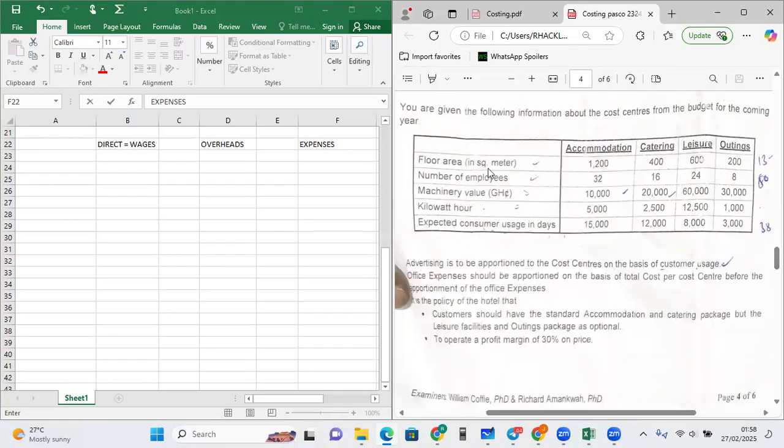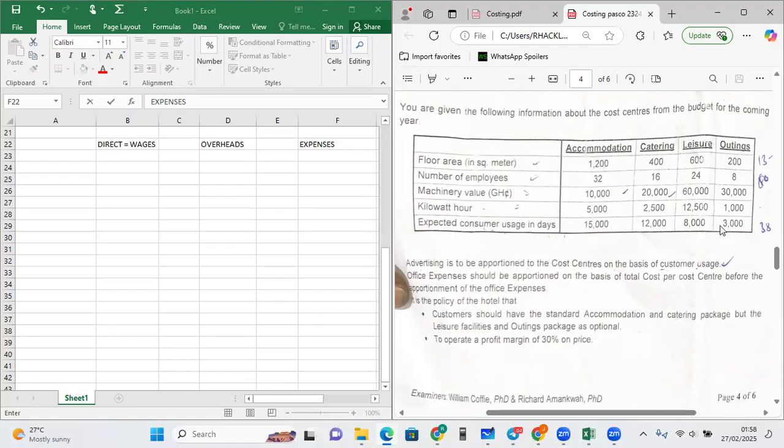So you are given the following information about the cost centers from the budget for the coming year. We have the basis of apportionment: floor area for accommodation, catering, leisure and outing. Number of employees, 32, 16, 24, and then 8. Machinery value, and kilowatt hour. Advertising is to be apportioned to the cost center on the basis of customer usage.